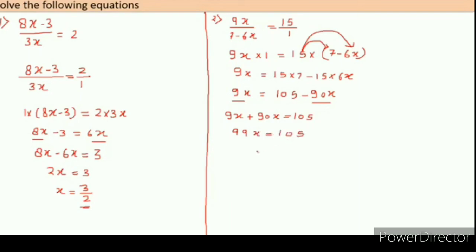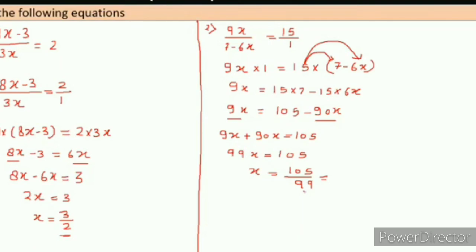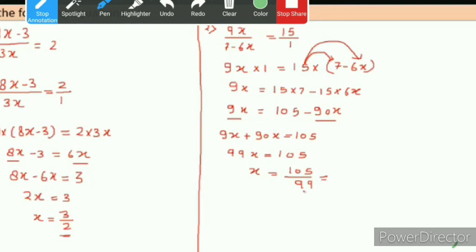Following the steps, therefore x equal to 105 over 99. Taking 99 to the denominator, it will become division. These two numbers we can cancel by 3. If we cancel 105 by 99 by 3, the numerator becomes 35 and the denominator becomes 33.